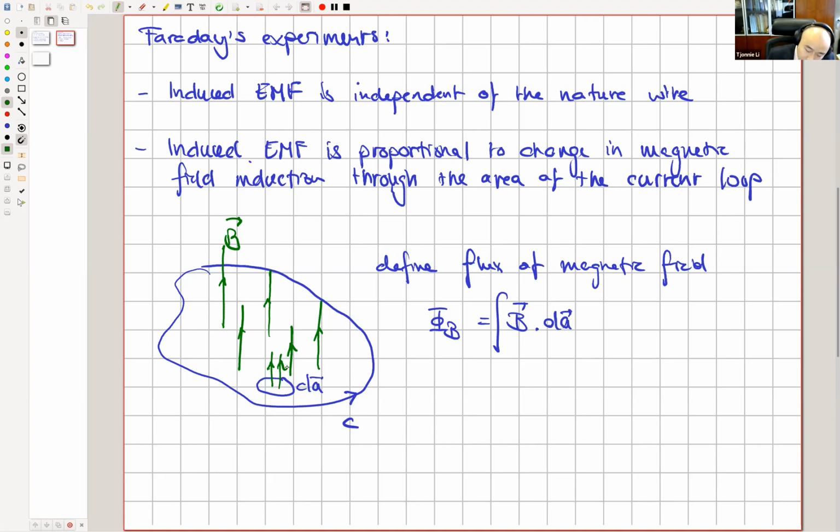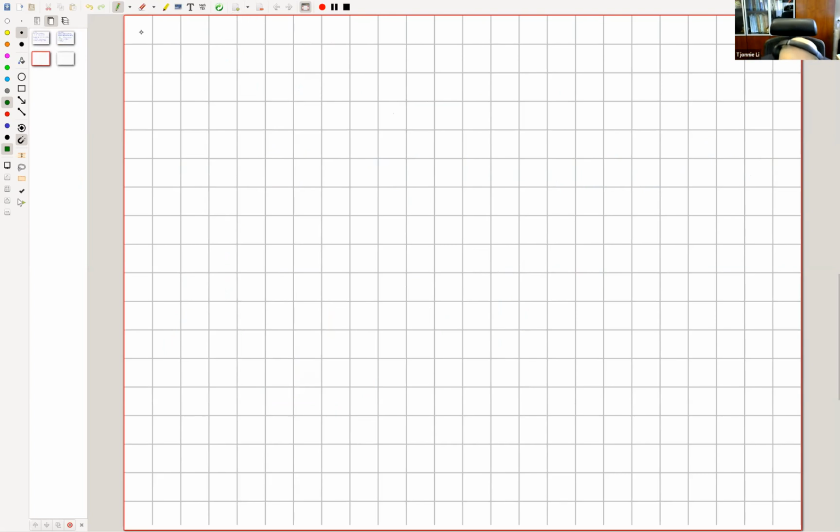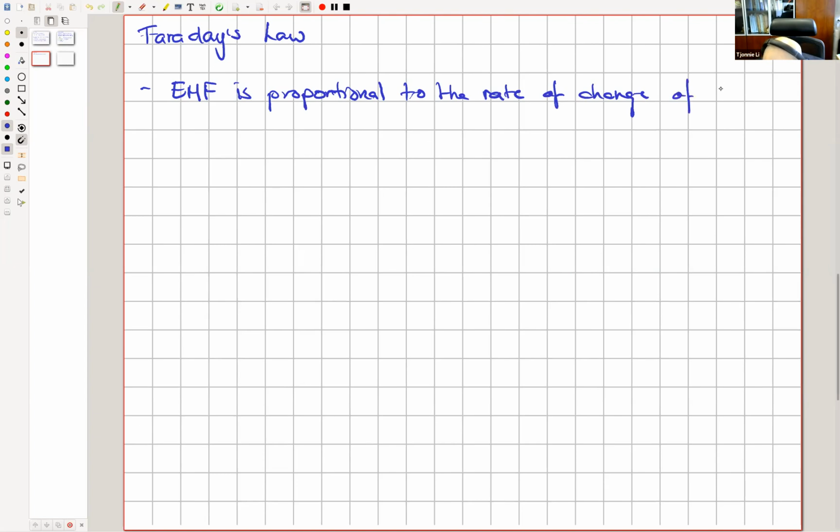So when we have this definition of the flux, then Faraday's law, or Faraday's results, basically states that the EMF is proportional to the rate of change of the magnetic flux.